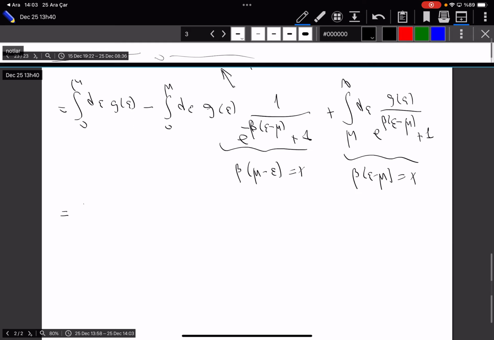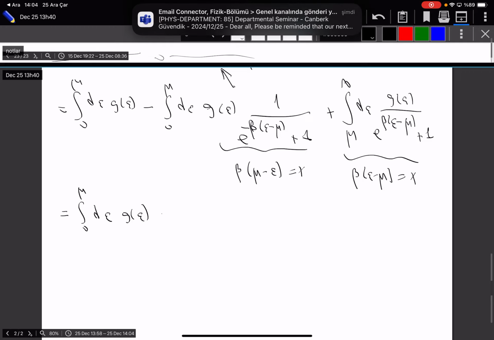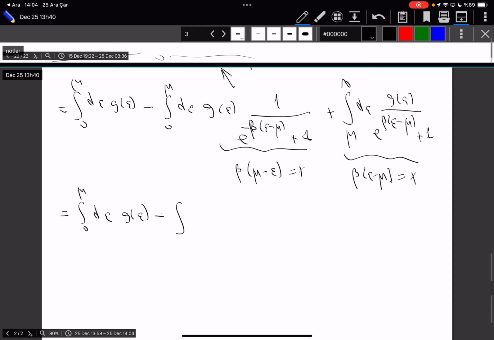So this is equal to integral 0 to mu d epsilon g of epsilon. From the d epsilon I get a 1 over beta. There's an additional minus sign, but I will switch the integration limits. When epsilon is equal to 0, x is beta mu. When epsilon is equal to mu, x is 0.